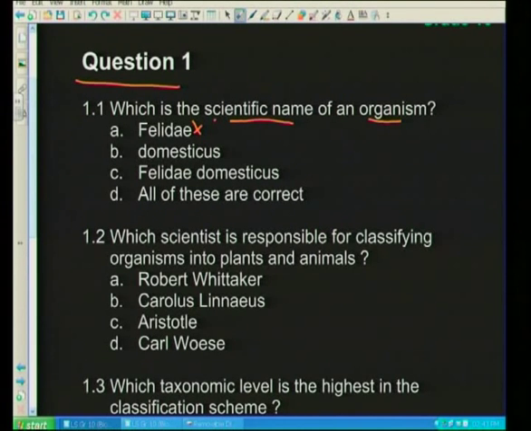This one just has one name in a small letter, so that is out. We cannot say all of these are correct, so that eliminates D, leaving us with C because it has a genus and a species name.